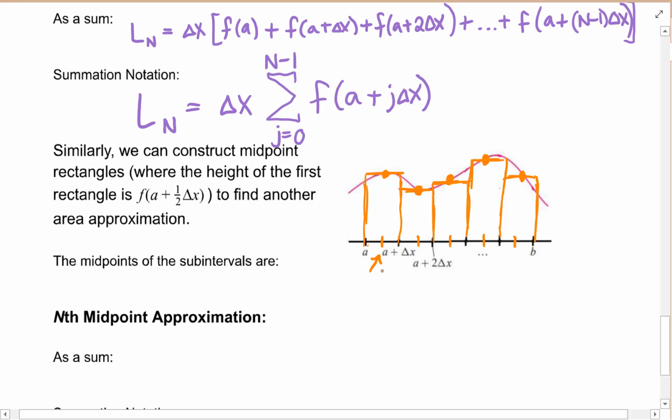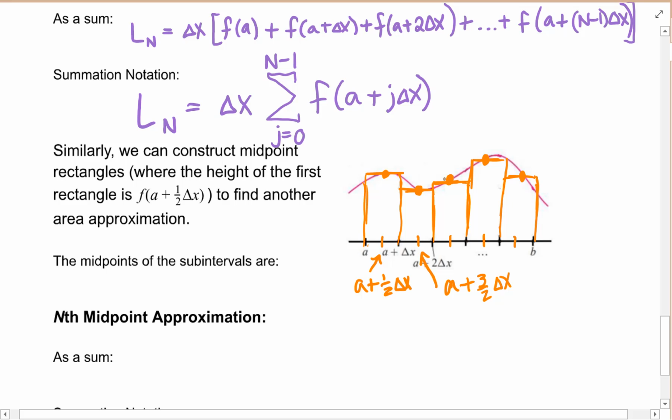So what are those numbers? Well, this one right here would be a plus half of our width, so a plus 1/2 delta x. This one right here is 1 delta x width over, so we'll do a plus 3/2 delta x, right?